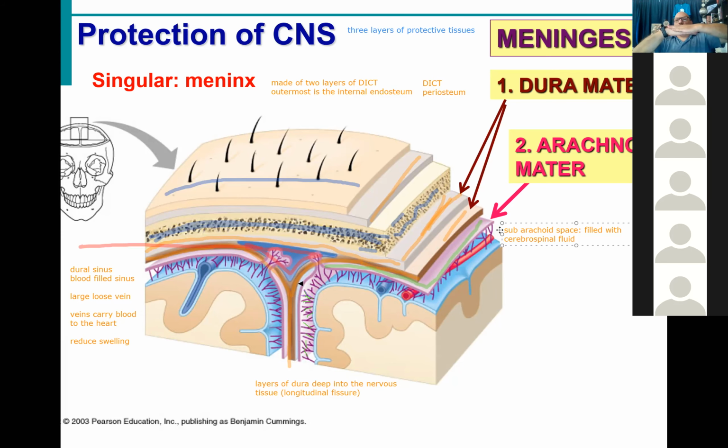Notice here, we have a potential space between the dura mater and the arachnoid mater. There is nothing in a healthy brain between the dura mater and the arachnoid mater. This is a potential space. And that potential space is called the subdural space.